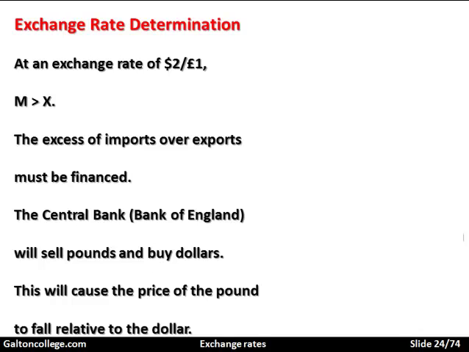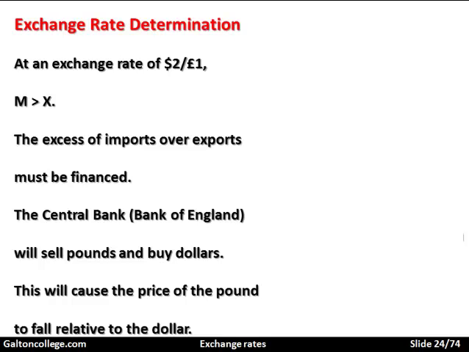The central bank in the UK, known as the Bank of England, will sell pounds and buy dollars. So the Bank of England must make up the difference. If imports are more than exports, then they must sell pounds and buy the dollars. So they're selling the pounds, which will force the price of the pound down, and they're buying dollars, which of course will push the price of the dollar up.